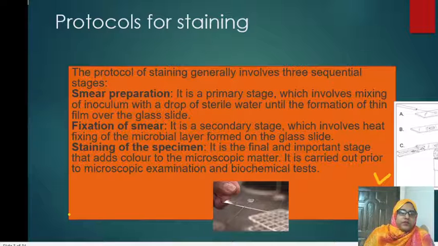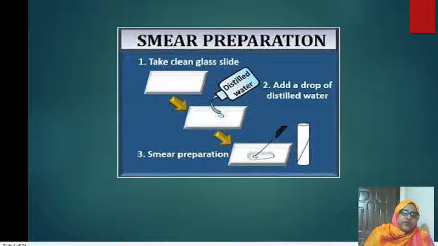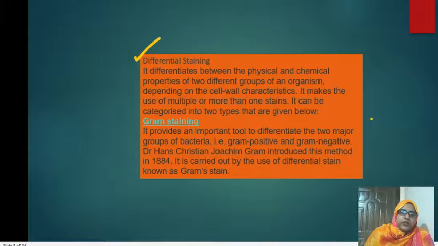First we have to prepare a smear, then we have to fix that smear, and then we have to stain that smear. For fixing the smear, we first take a slide, then add a drop of water, and then add a drop of inoculum over it, then mix that water and inoculum and heat it to fix the smear. After fixing, perform gram staining.